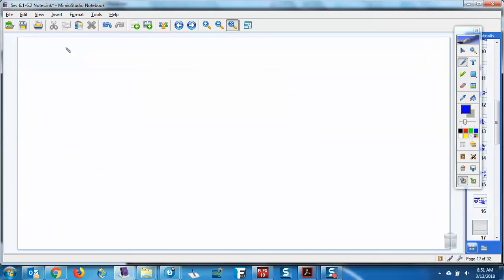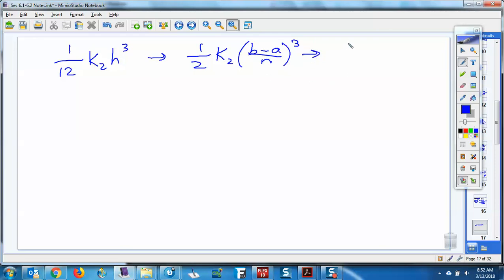So let's write that. That's going to be 1/12 K2 h cubed. Now h, remember, was what? B minus A over N, correct? So h was one width. Now I can rewrite this as a fraction a little nicer. I can put the K2 on top, I can put the B minus A cubed on top.